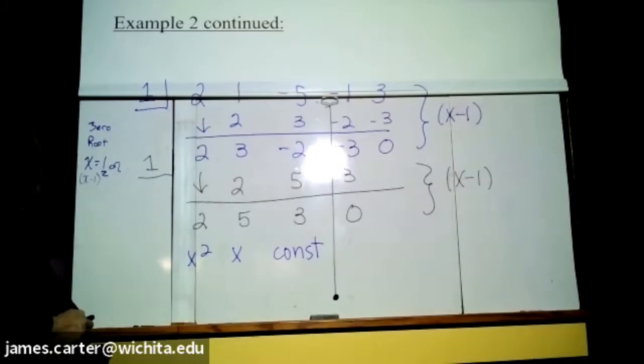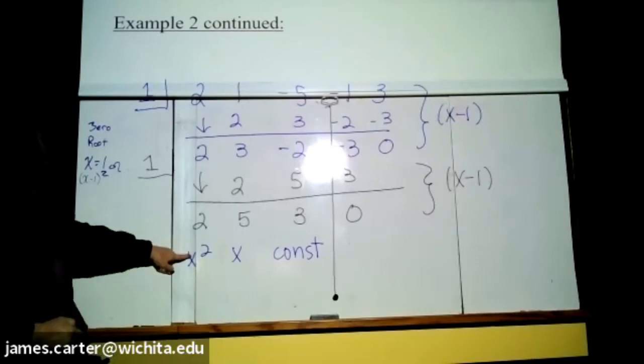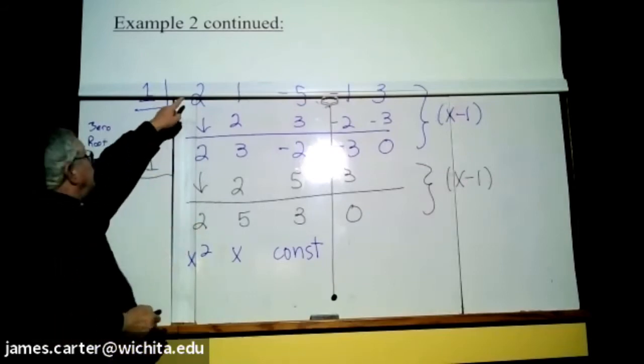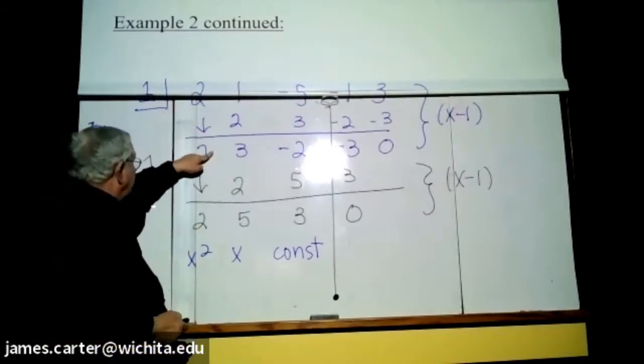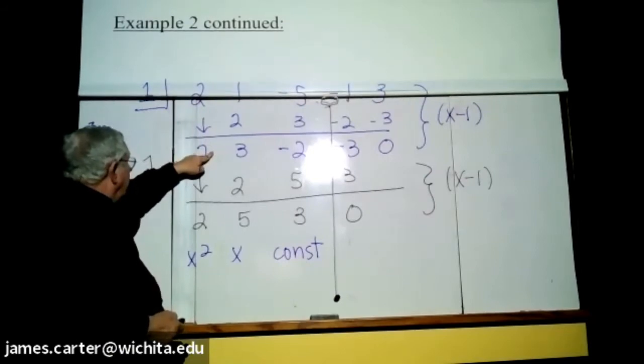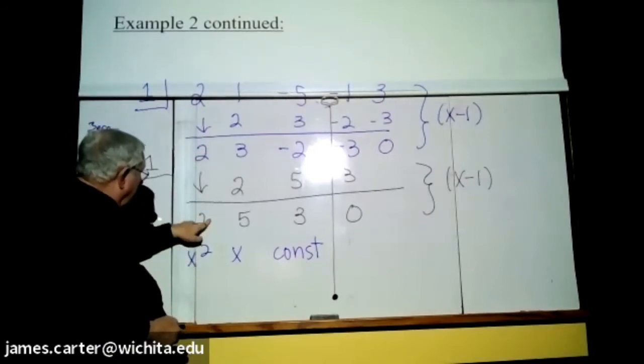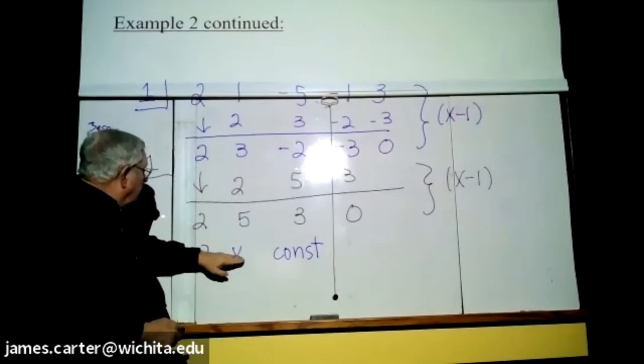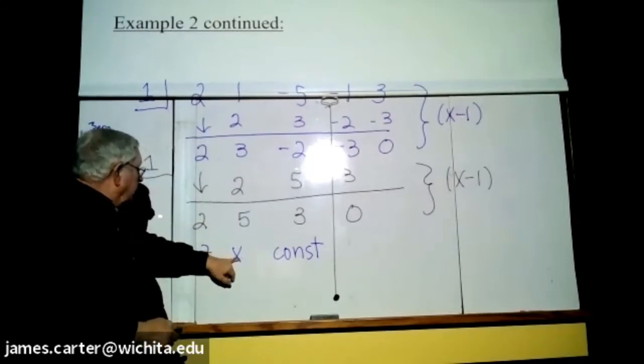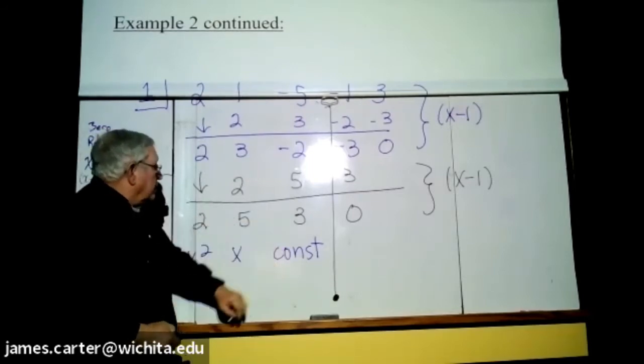Now, let's see what we've got. Remember, we started with 4th power. This became 3rd. This became 2nd power. So we've got 2x squared plus 5x plus 3.